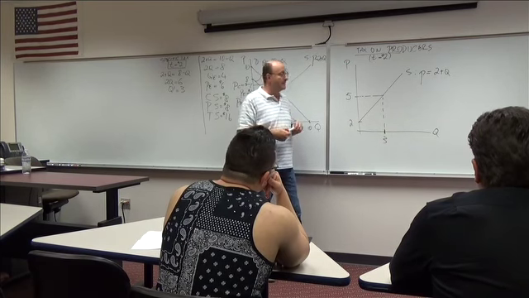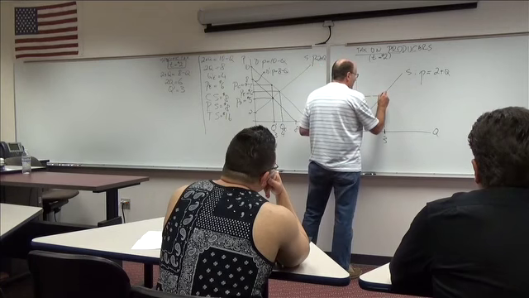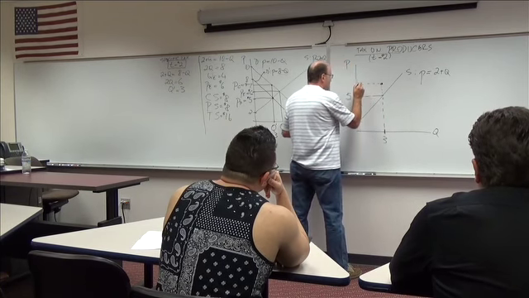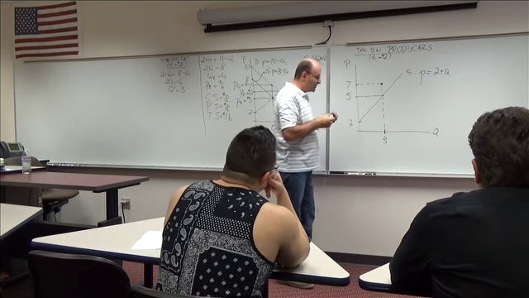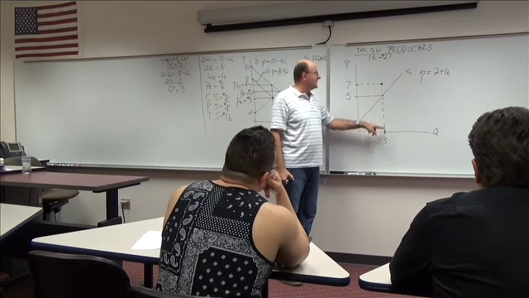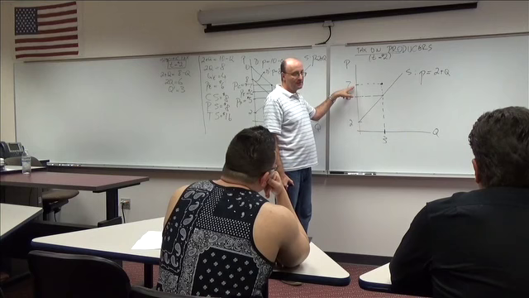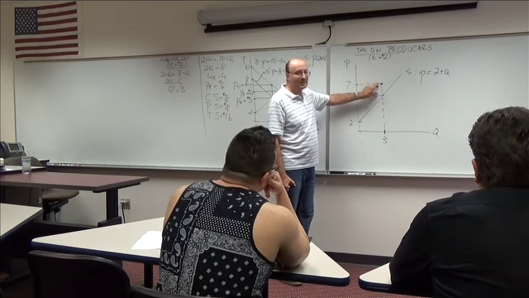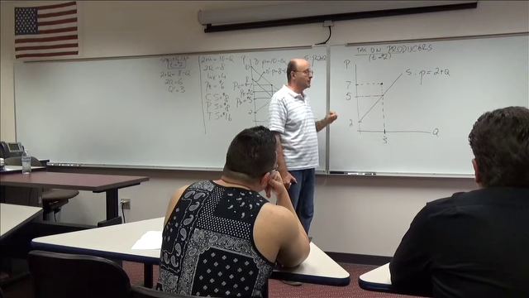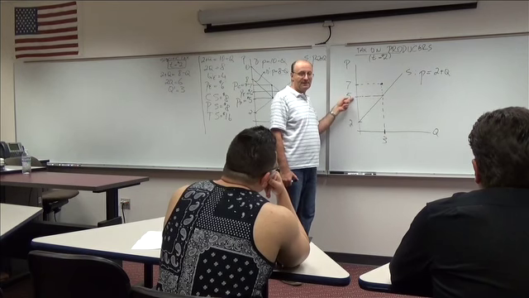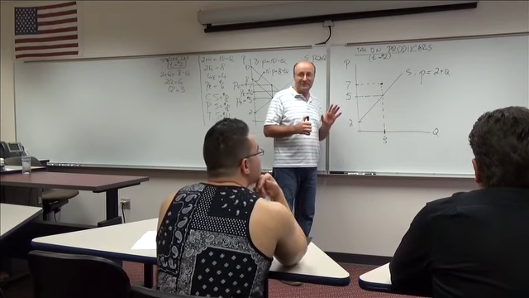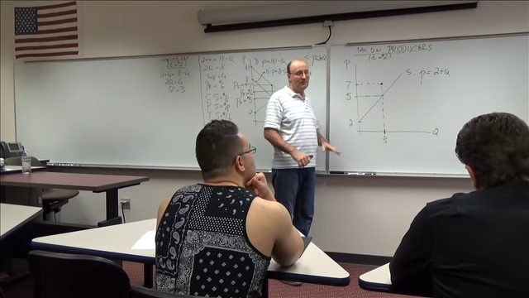Say that? $7. Why $7? Because if the firms produce 3 units, sell each of them at $7, those firms then pay $2 to the government. How much is left to the firm? $5. And with $5, firms are willing and able to produce 3 units. That make sense? Very good.